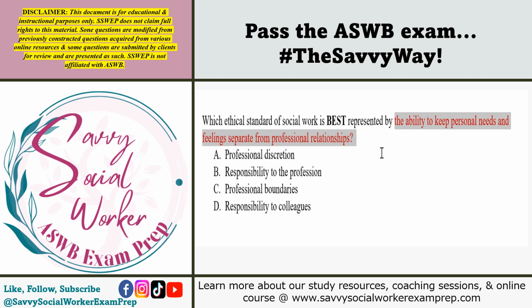Is that professional discretion? Maybe. Pause. Is it responsibility to the profession? No, that's not really a responsibility to the profession. And just remember that they're asking about the ethical standards of social work. So think about our ethical standards for this one, okay?